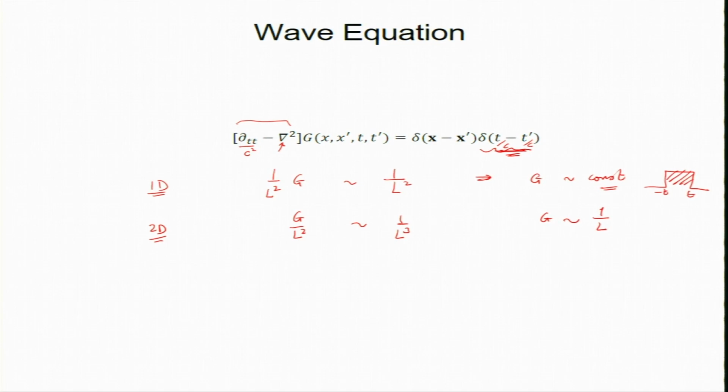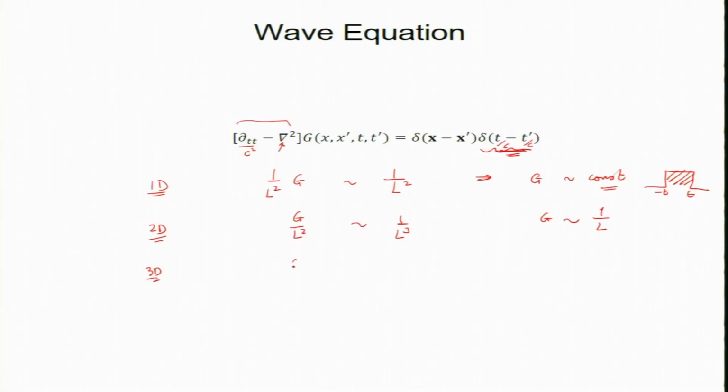2D normally involves some Bessel function. If you are interested, this is typically done in electrodynamics courses or textbooks, good books like Jackson would have this. In 3D, G by L squared is 1 by L to the 4, so G is 1 over L squared.